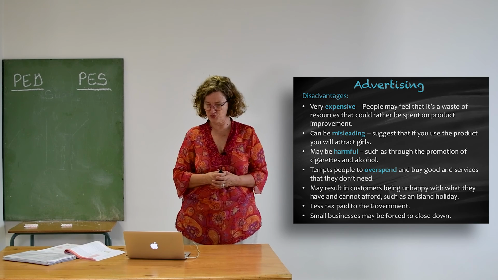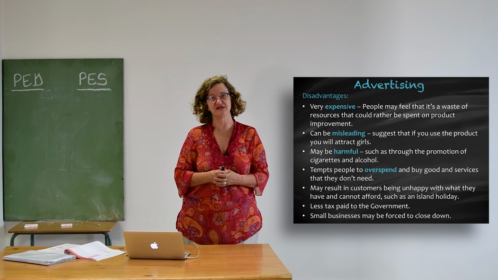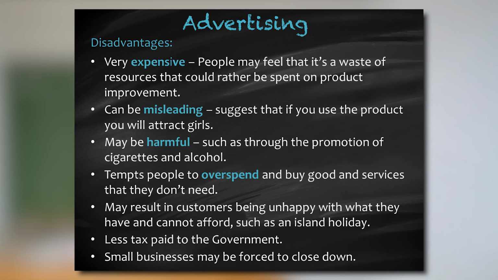And then the last point, which can be a disadvantage, is that big firms like Namibia Breweries, if they spend so much on advertising, it's very difficult for small firms to compete with them and also advertise. They can't do it. They don't have the capital to do it to that same extent.